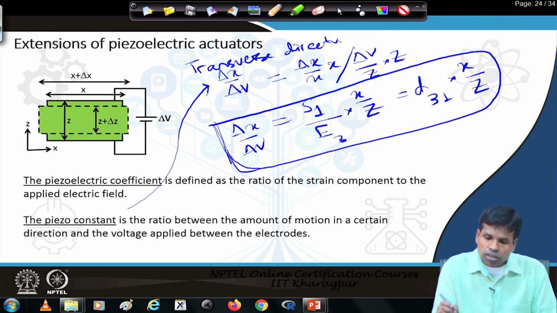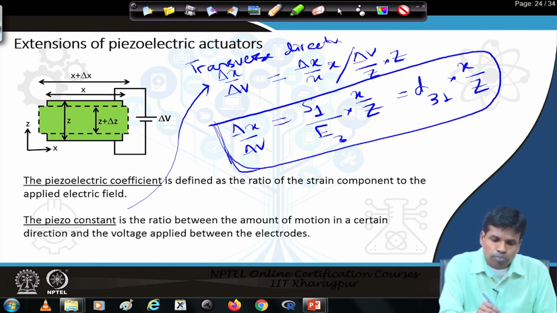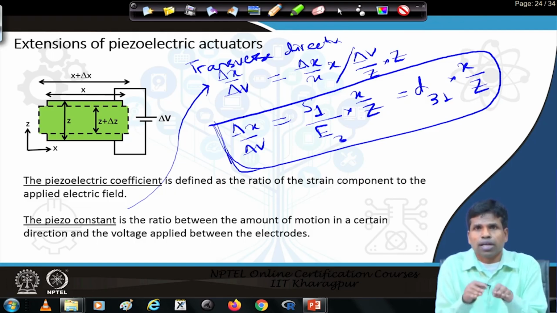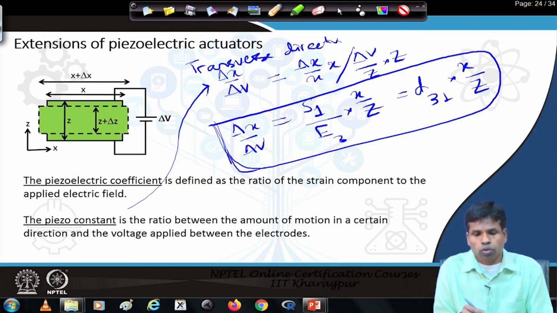Therefore, a piezo plate is not used in the STM, rather a piezo tube is used. A piezo tube is nothing but a rolled up thin plate. In STM, instead of a piezo plate, we use a piezoelectric tube. That is what we will discuss in the next class.